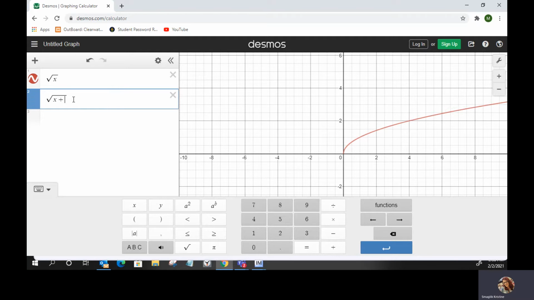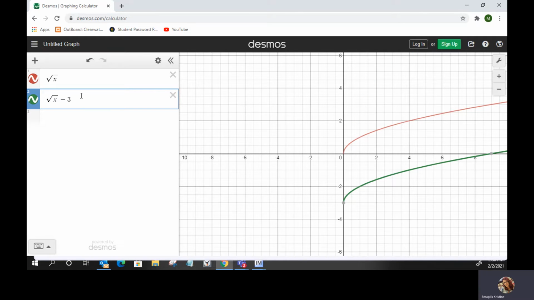Let's take this out and let's put a k value in. It moves it up 3. Moves it down 3. Let's stretch it. 5 up front.